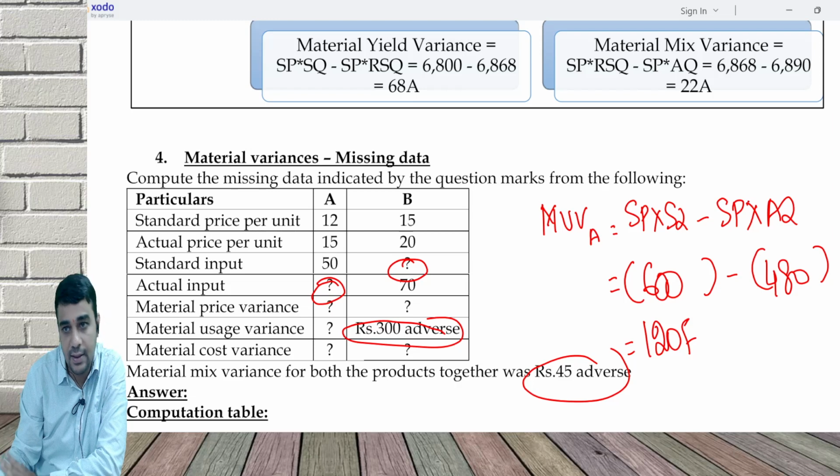B is already given in the question. Any doubts on this?